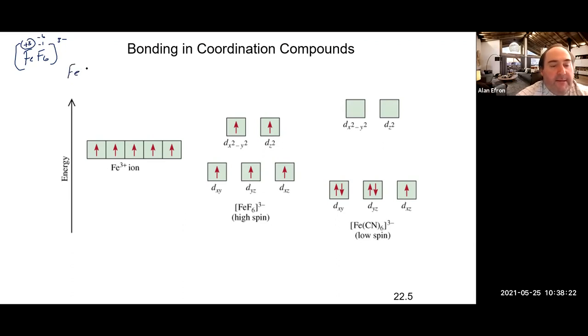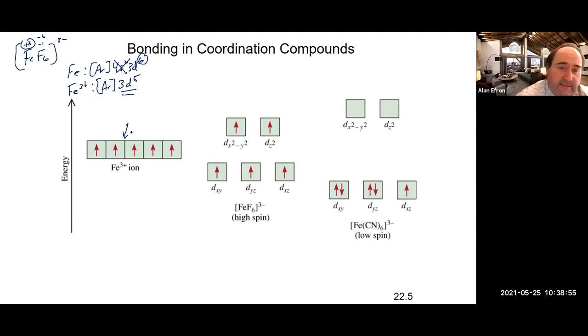If we look at iron with no charge, it is argon 4s2 3d6. With a +3 charge, remember that they do lose the s electrons first, which is 2, and then we lose one more there, which means we would end up with 3d5. And those are the 5 electrons that we see here that are going to be needed to be distributed here.